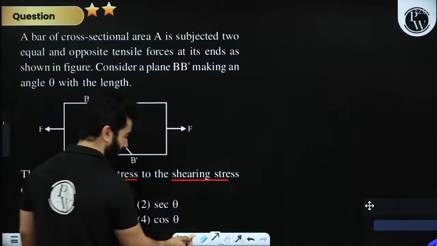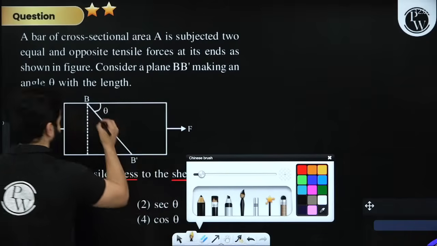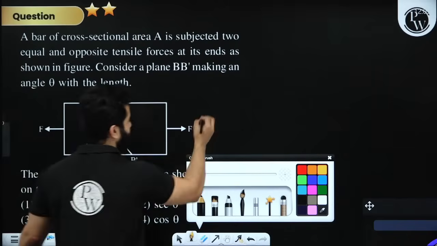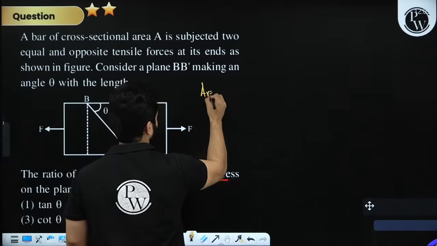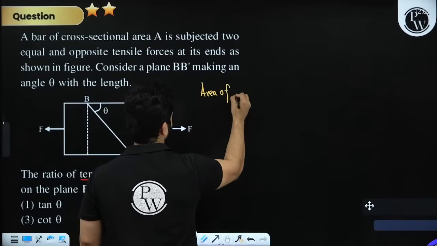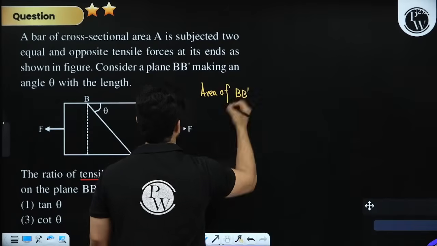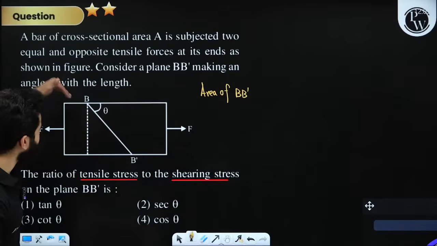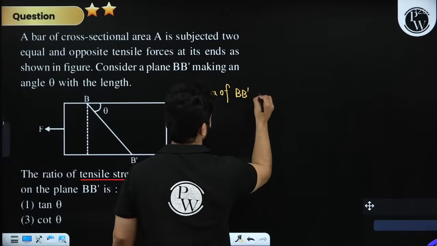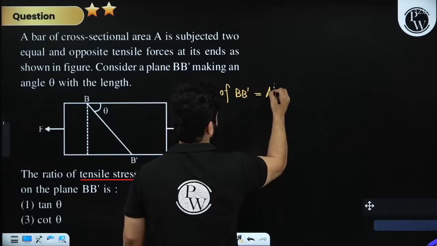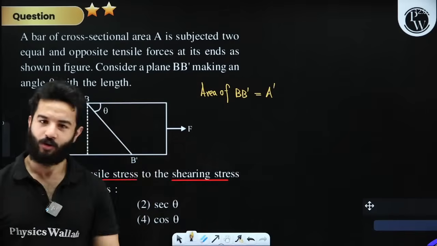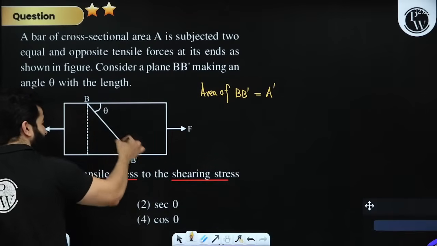First of all, let's suppose, my dear friends, the area of BB dash. What is this BB dash? This BB dash plane, let's suppose it is A dash. So that means this is A dash.